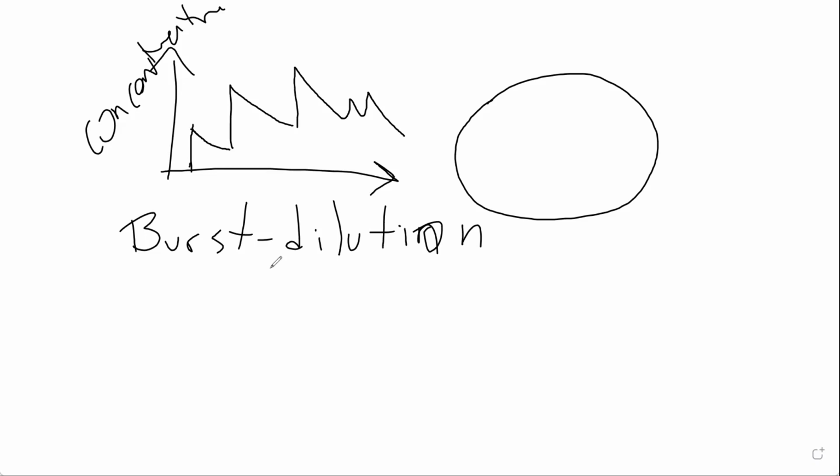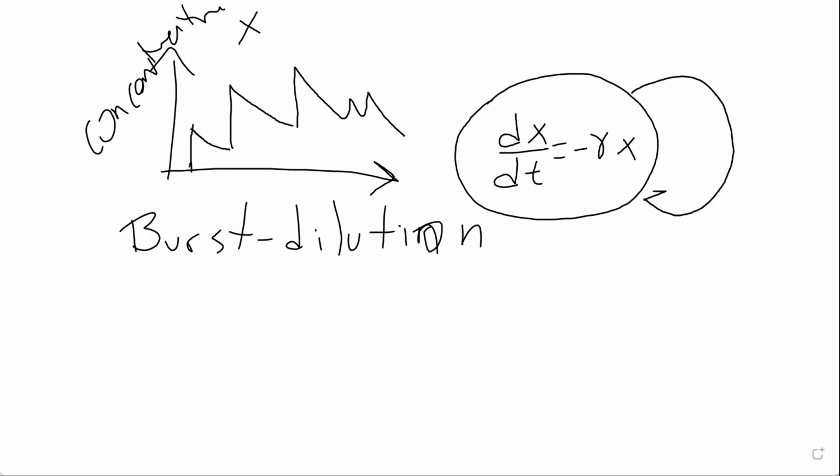We usually model our system using differential equations. Let's say the one we use for protein concentration is x: the derivative of x is equal to minus a given degradation rate, the dilution rate, sorry, gamma times x. And I'm going to perform some jumps here at a given rate.